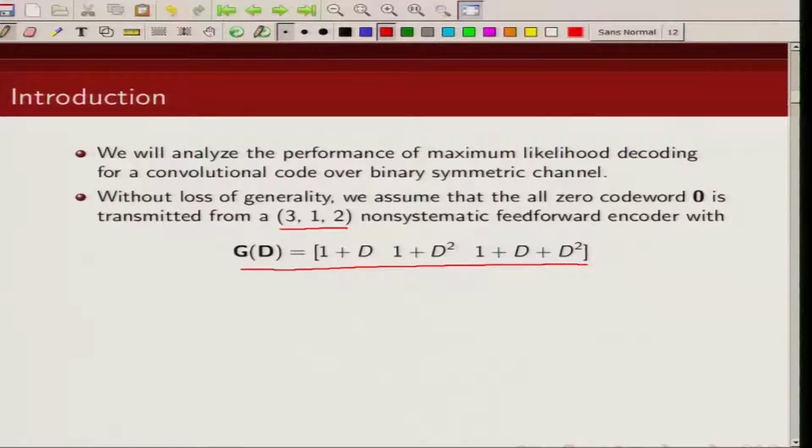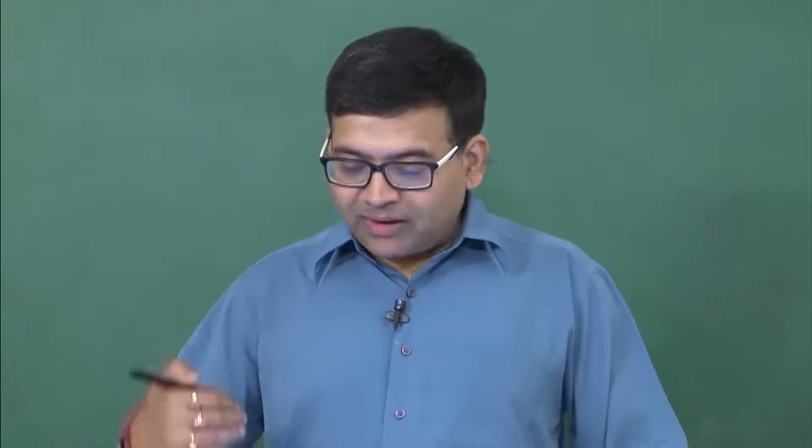And without loss of generality, we will assume that the all 0 code word was transmitted over a binary symmetric channel, and we received the bits. We applied maximum likelihood decoding, Viterbi decoding, and now we are interested to characterize the performance of the Viterbi decoding algorithm.